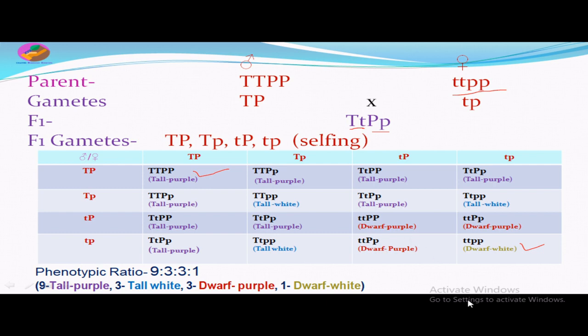And lastly, if any offspring contains both small t and both small p, it will give rise to dwarf white plant. So in this way these 16 offspring will be formed, which are of 4 different types, and they will show the ratio 9:3:3:1. So that is 9 tall purple plants, 3 tall white, 3 dwarf purple and 1 dwarf white.